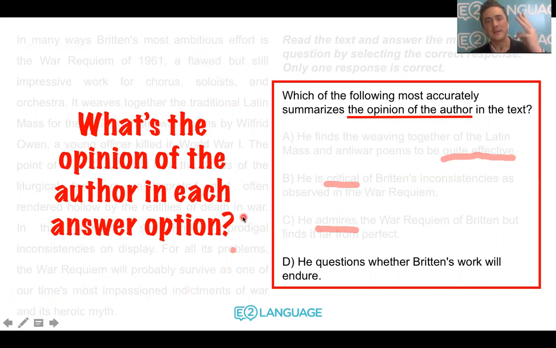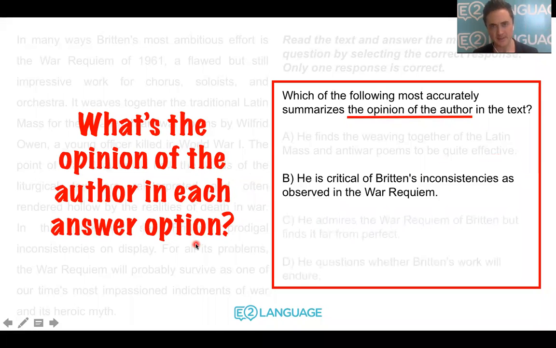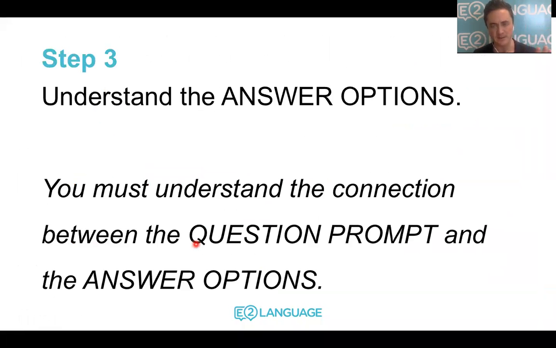Okay. Let me clear all my drawings here. Cool. And let me get my spotlight. Okay. Let's go back. I want to stay with this one because it's so important to get. Step 3, understand the answer options. If you don't understand the answer options, how can you connect them to the text?